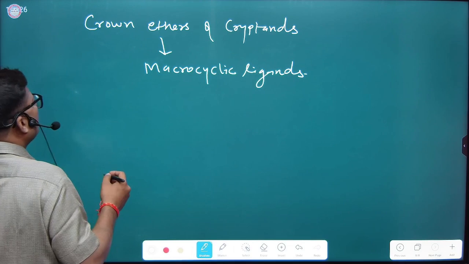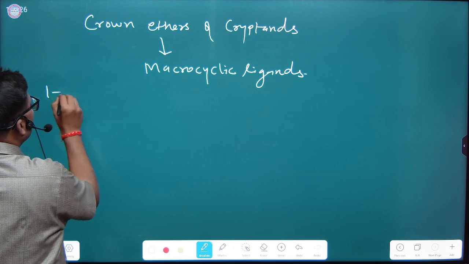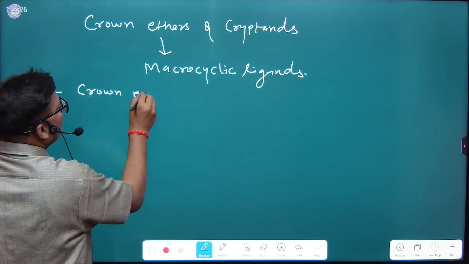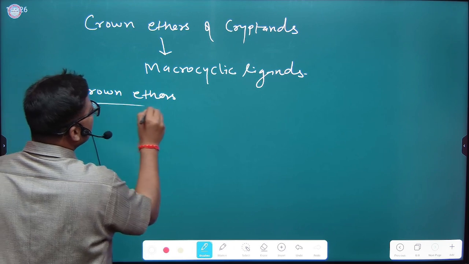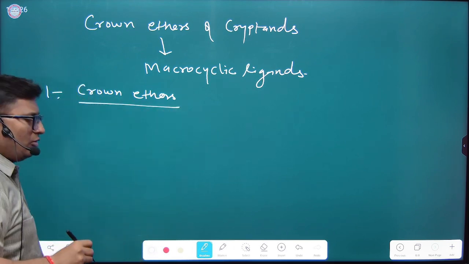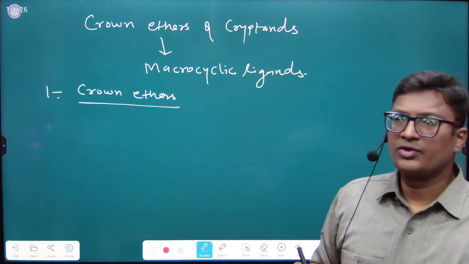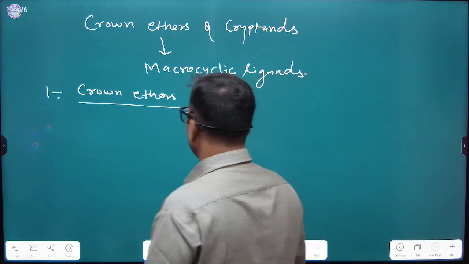If we focus on the chemistry of crown ethers, first, in the case of crown ethers, a crown ether is a ligand which has a shape like a crown, right?